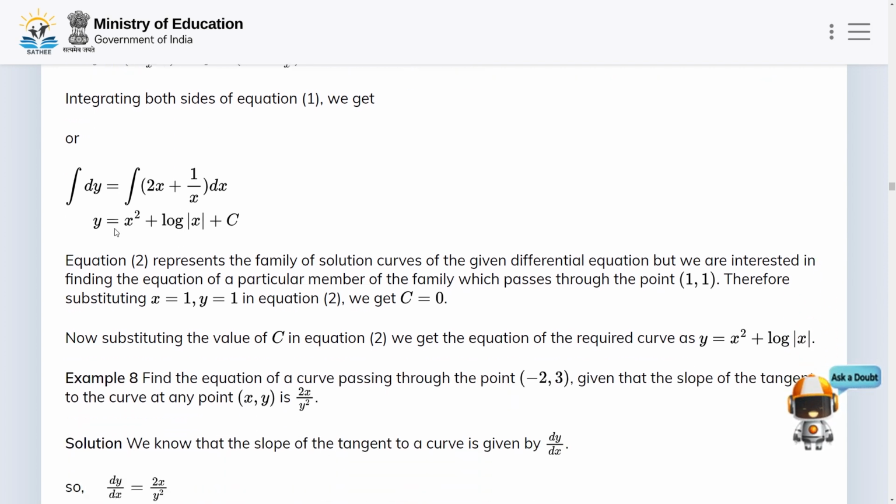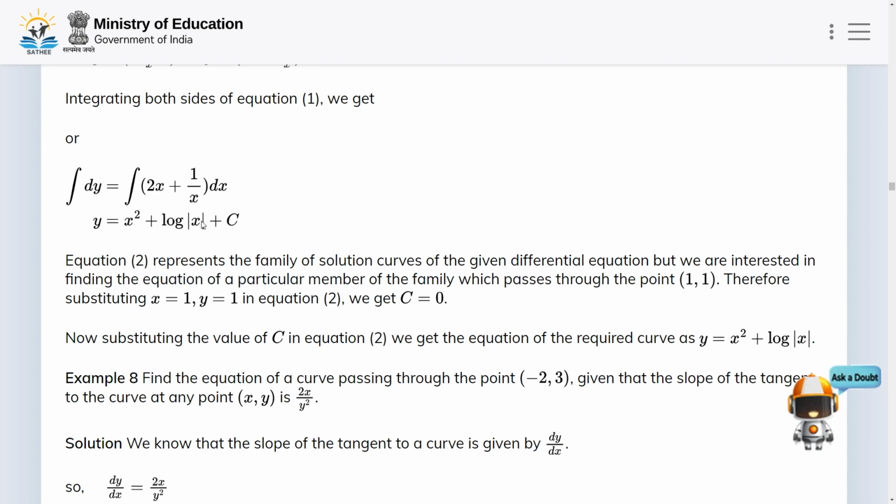You will get y is equal to x squared by 2 plus log mod x plus some constant. Now this represents your solution curve. And also, the property it shows is that whenever you plug in x is equal to 1, you will get the output as 1. This means x is 1, y is 1.